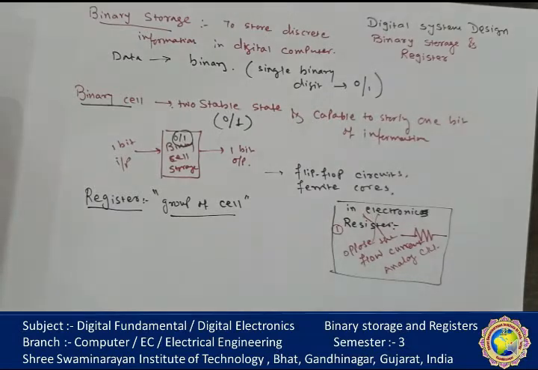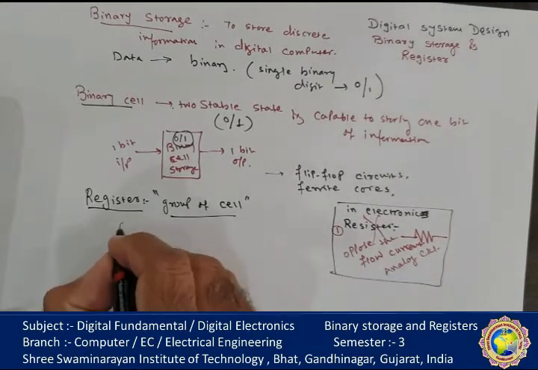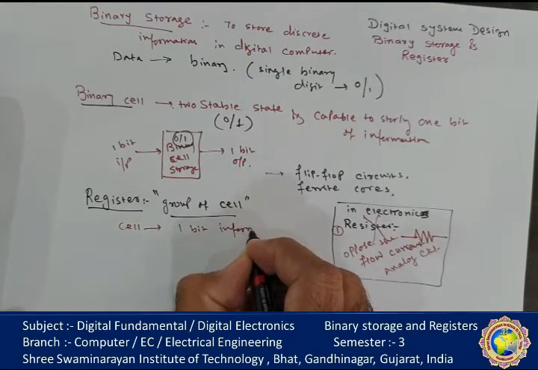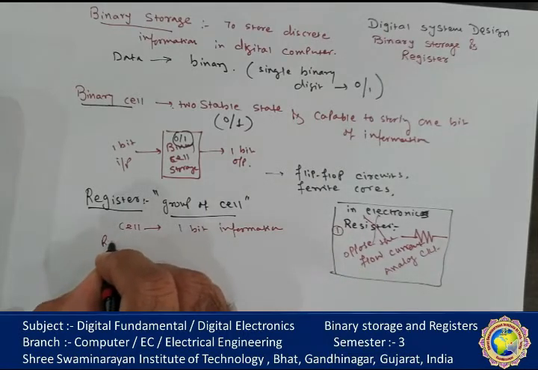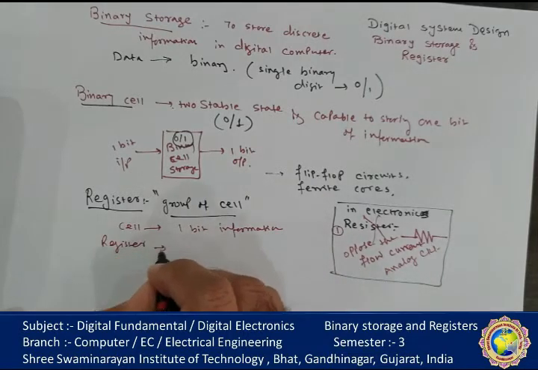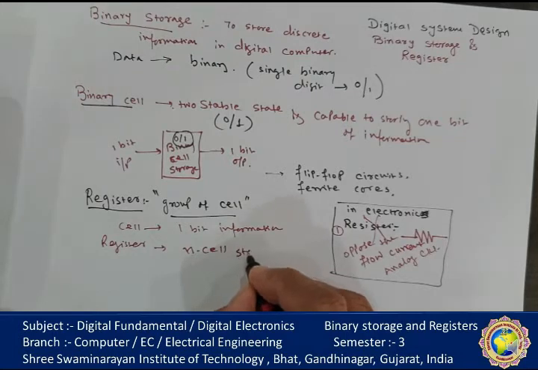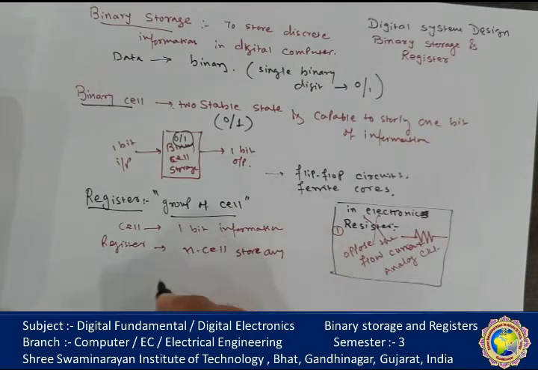In this way, the cell stores 1 bit of information, while a register with n cells, suppose I have one register which has n cells, has the storage capacity to store any discrete quantity of information.